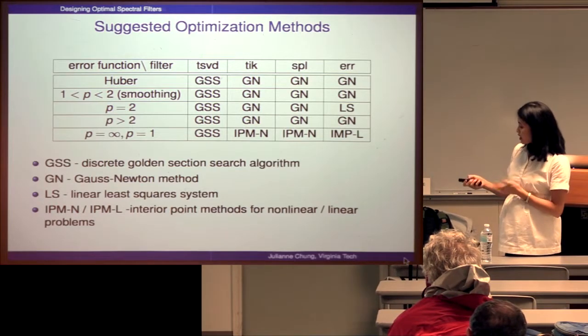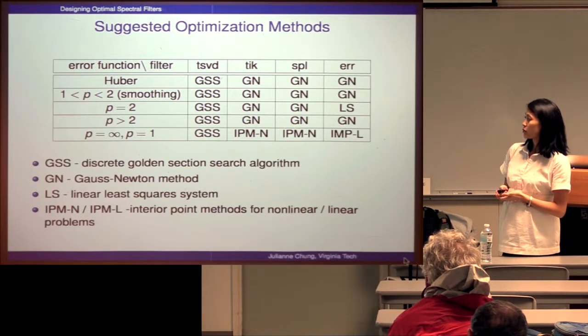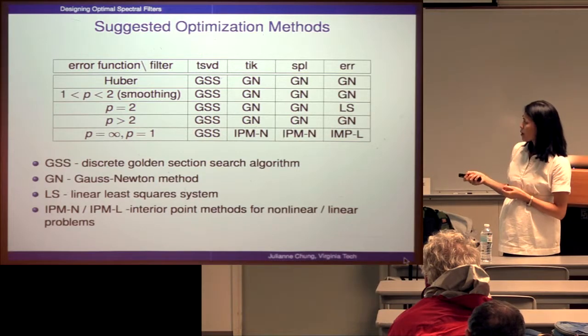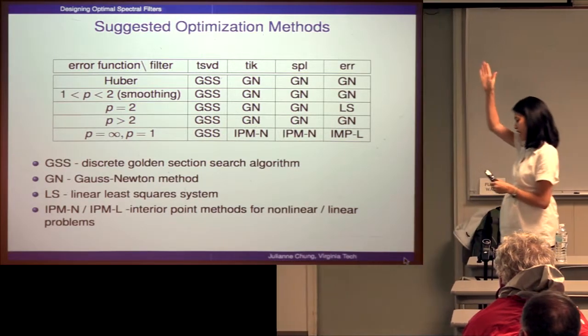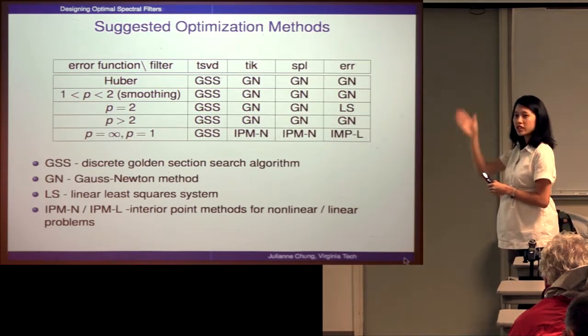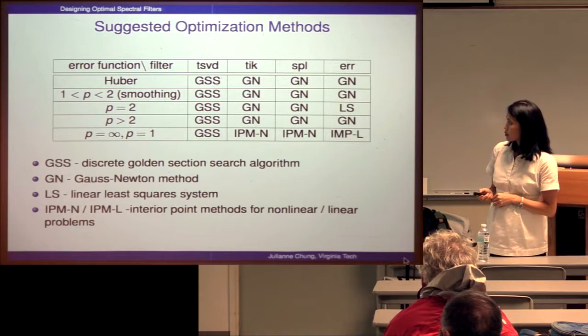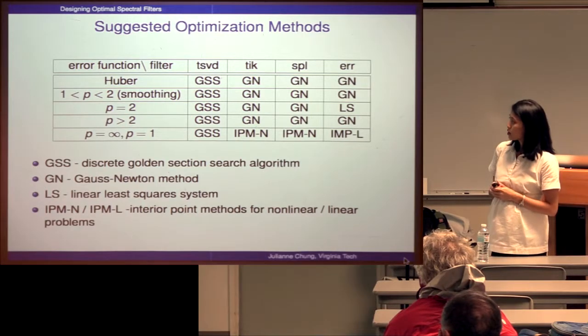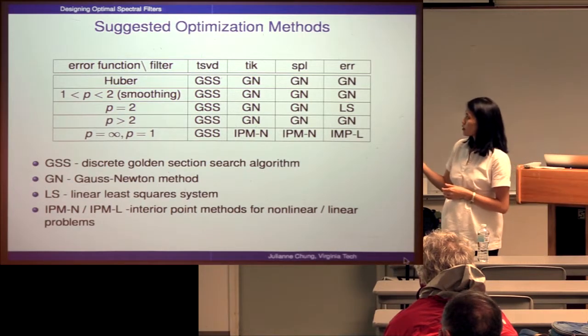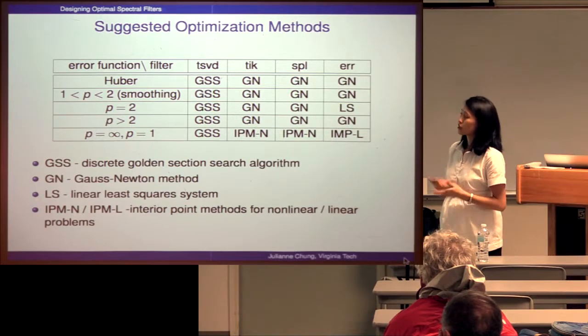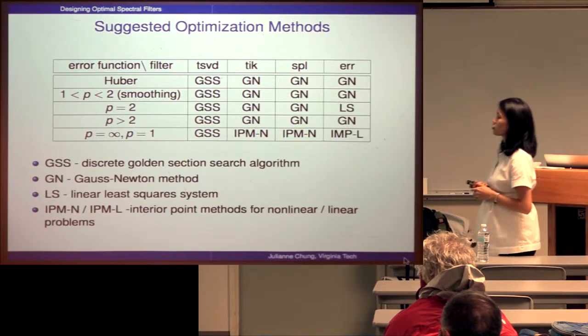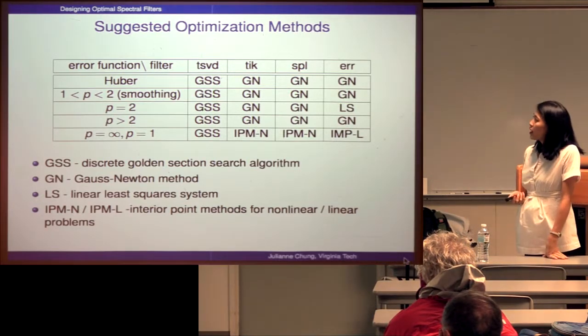But at the end of the day, we still have to solve this optimization problem. For TSVD, because you're really only looking for the index where you need to truncate, it's essentially a discrete optimization problem. For those, we suggest a discrete golden section search algorithm.